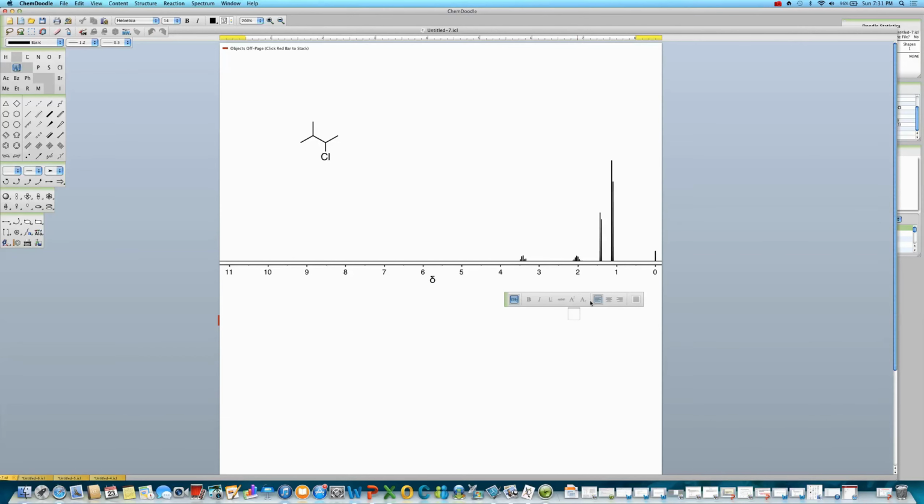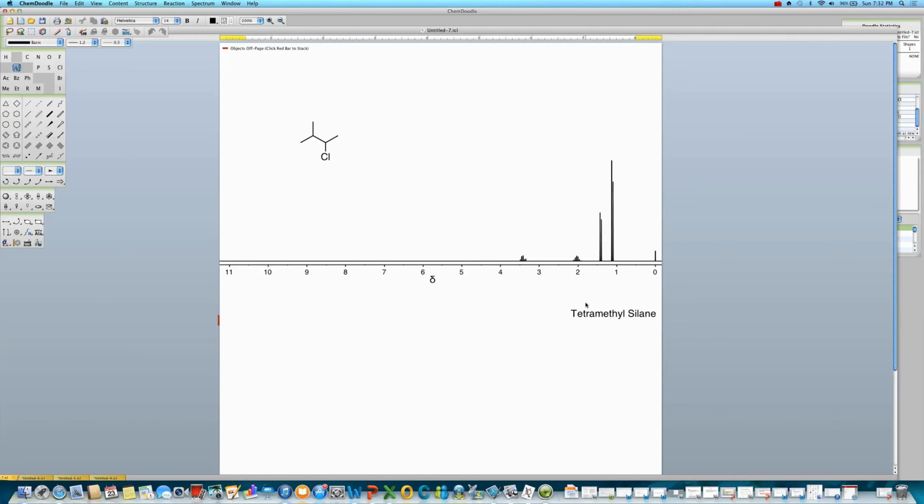And this internal standard is tetramethylsilane. And this has a chemical shift that is known to be 0.